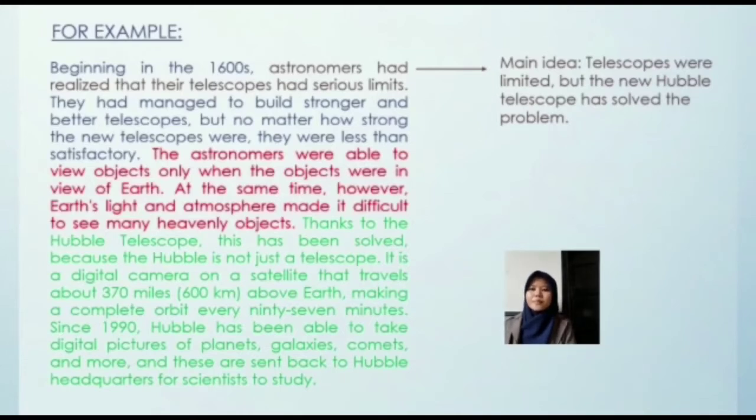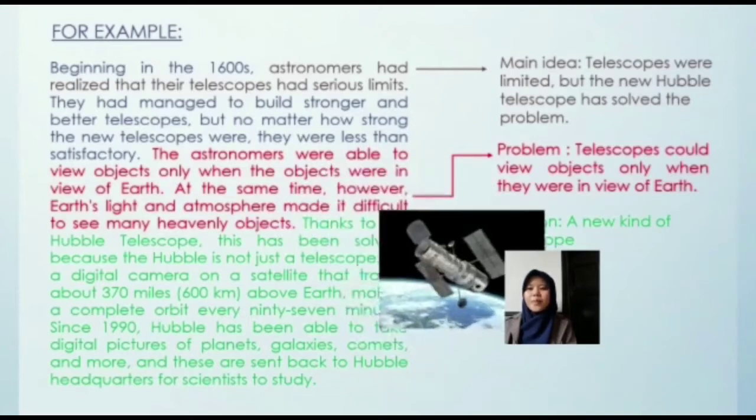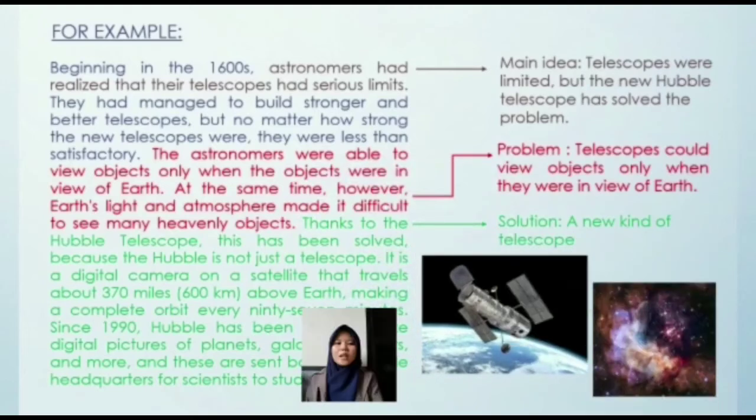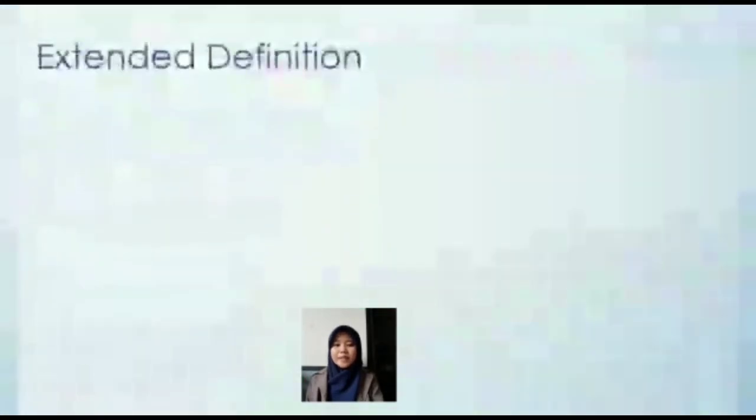And the next one: astronomers were able to view objects only when the objects were in view of Earth. At the same time, however, Earth's atmosphere made it difficult to see many heavenly objects. The red color is telling about the problem. The problem is that telescopes could view objects only when they were in view of Earth.